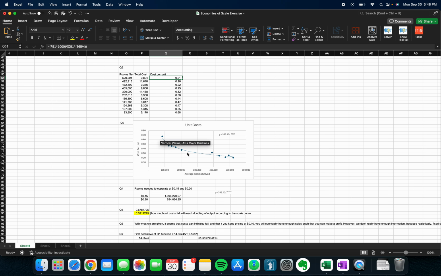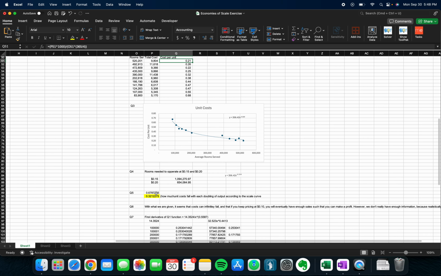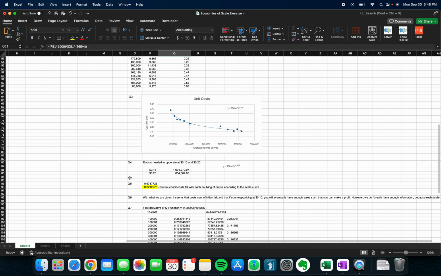And we can see that it continues in economies of scale this whole time. We don't ever reach that flat point or that diseconomies of scale. It also gives us this equation, which represents that we are in economies of scale during this time.